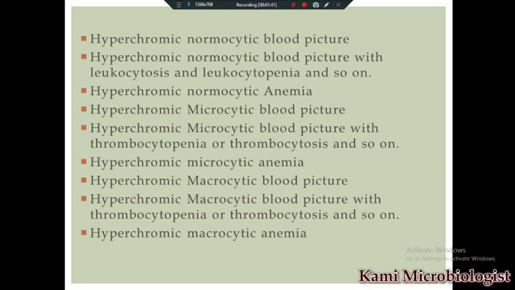If the TLC is low, we call it leukocytopenia. If the platelets are low, we call it thrombocytopenia. If the platelets are high, then we give thrombocytosis. So this is how we can make the comments.